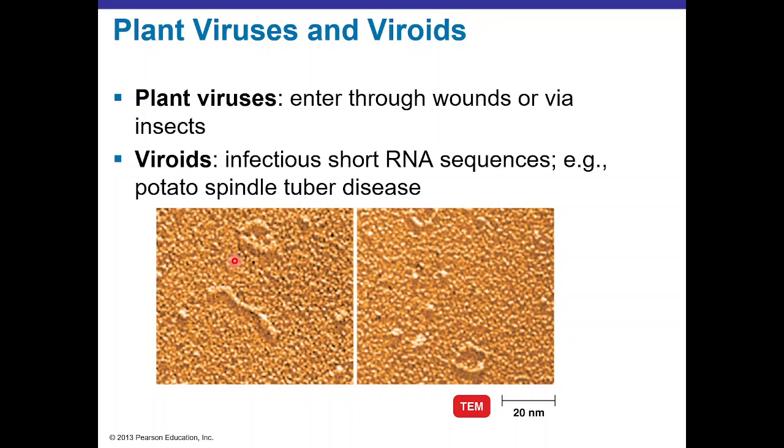Now, plant viruses are viruses that enter through wounds or via insects into plants. And plant viruses are made out of a nucleic acid, just like animal viruses.